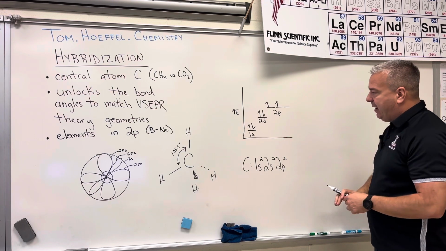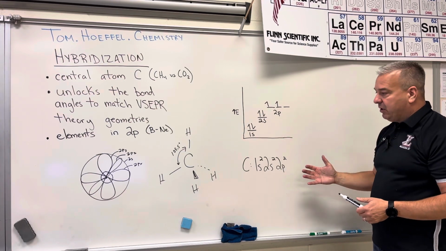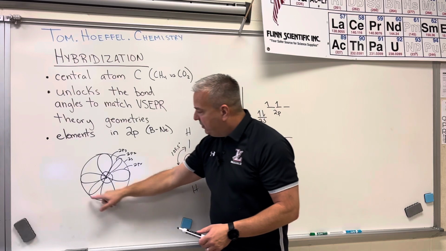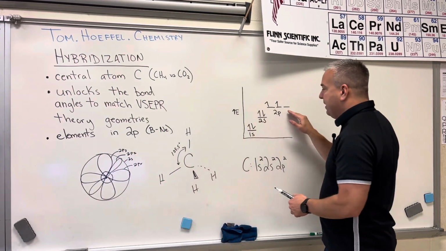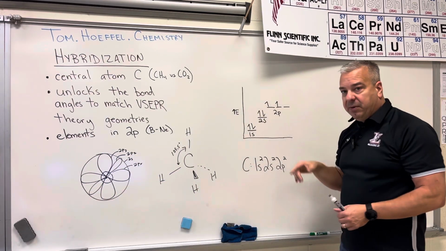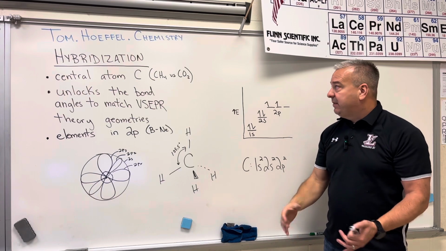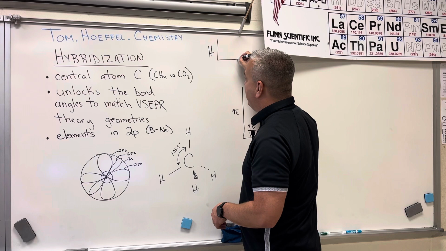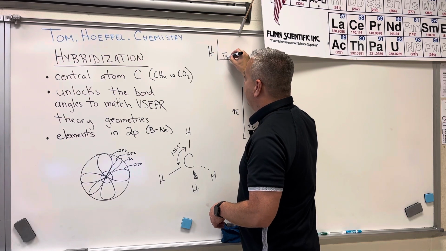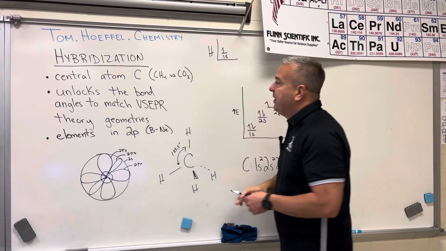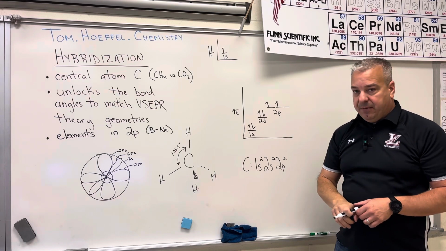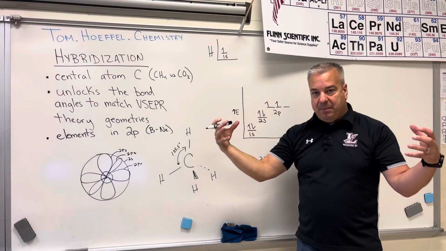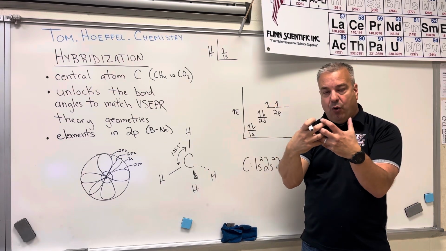This is how a carbon atom would look. It would have this 2s sphere, and then we have these p orbitals, and these p orbitals are at 90 degrees. Now, if we look at hydrogen's energy diagram, it's very simple: there's just one electron in the 1s orbital. To make a covalent bond, these orbitals have to overlap.